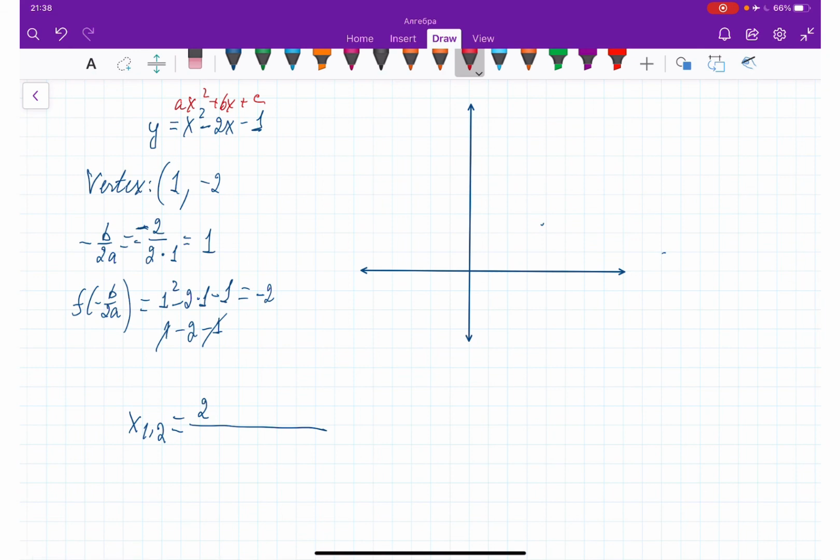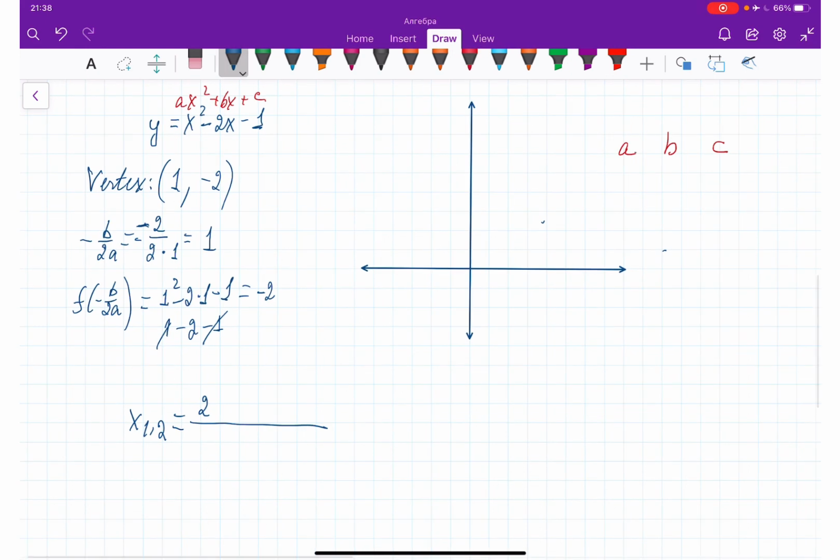Let me see, a is equal to 1, b is equal to negative 2, and c is equal to negative 1.